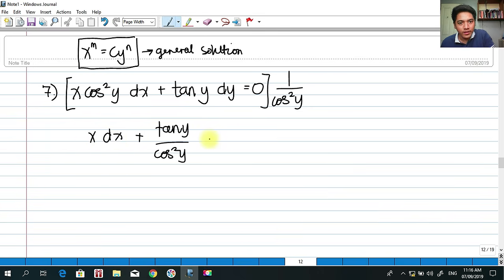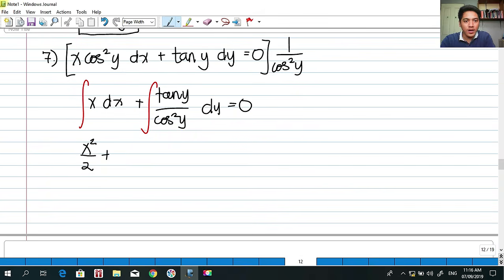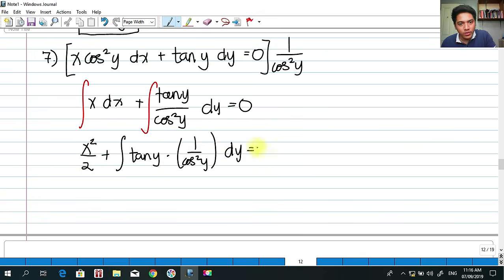Okay, so we have dy equals 0. And again, we need to integrate. So what will happen here is that we have x squared over 2, plus, as you can see here, an integral. By trigonometric identity, 1 over cosine squared of y is equivalent to what?